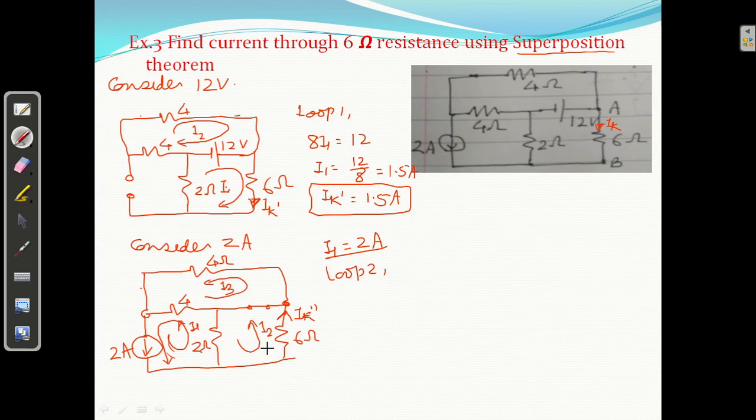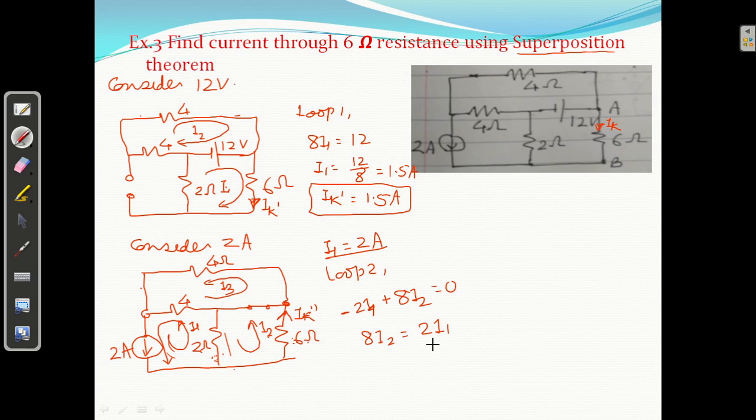Loop 2. Current I2 is flowing 2 plus 6, 8 I2. कितना है? 8 I2. At the same time 2 में I1 भी है. This is plus, this is minus 2 I1 equal to no source equal to 0. So we can say 8 I2 equal to 2 I1.